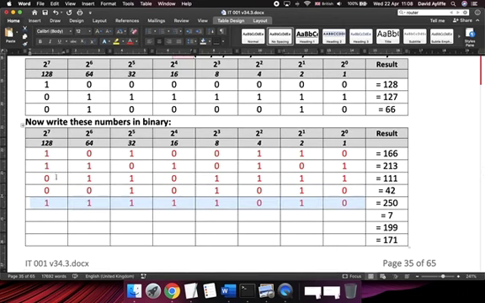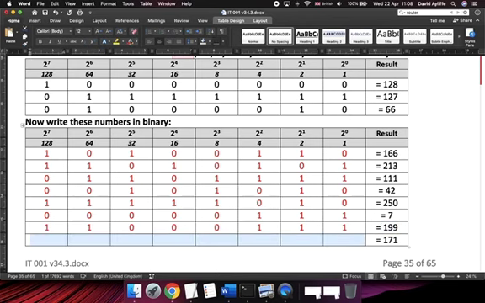250: 128 plus 64 plus 32 plus 16 plus 8 plus 2 gives us 250. 7: 4 plus 2 plus 1. 199: 128 plus 64 plus 4 plus 2 plus 1 gives us 199.